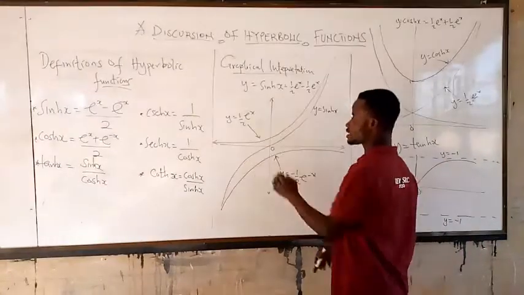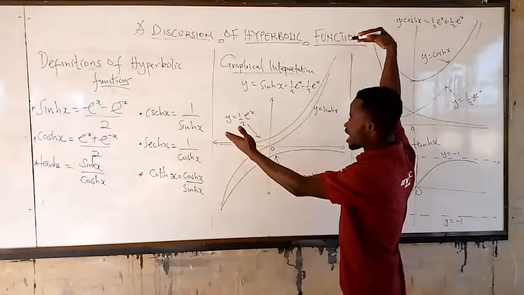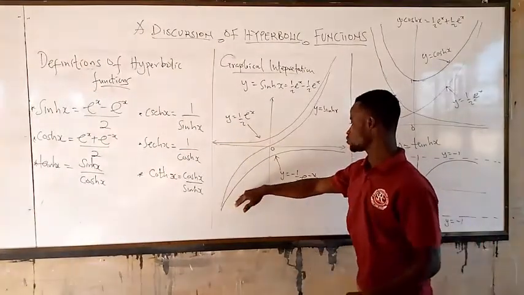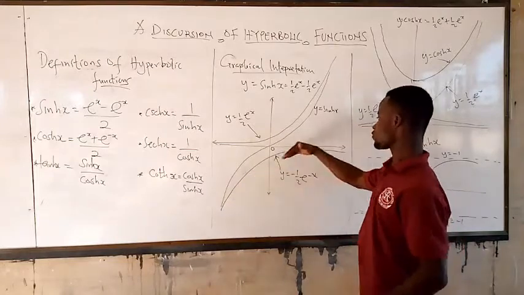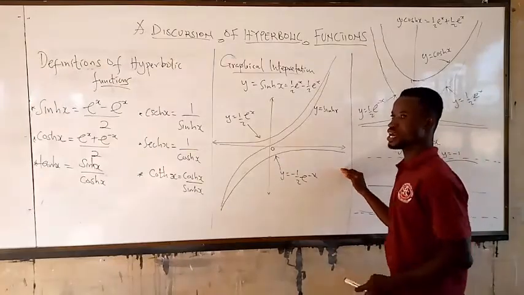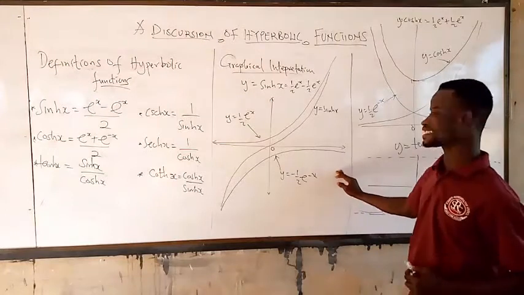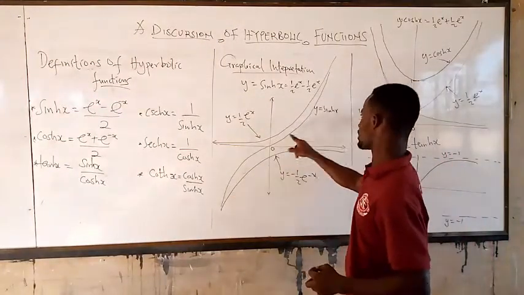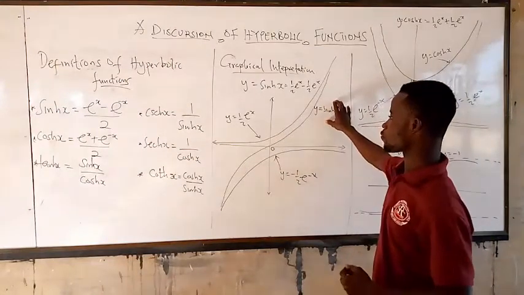The positive part represents the graph on the positive y-axis, and the negative part represents the graph on the negative y-axis.